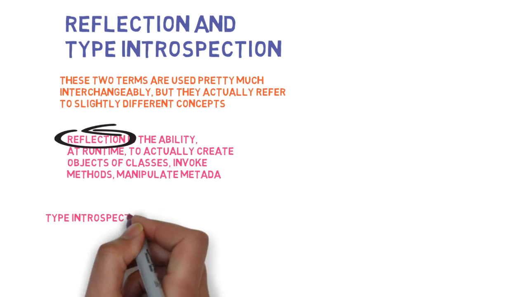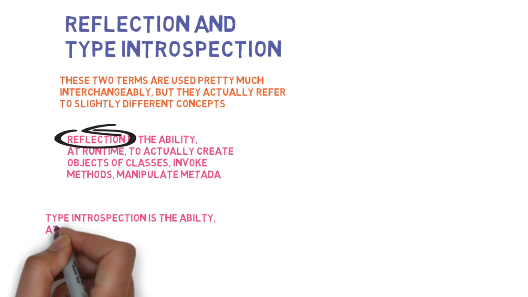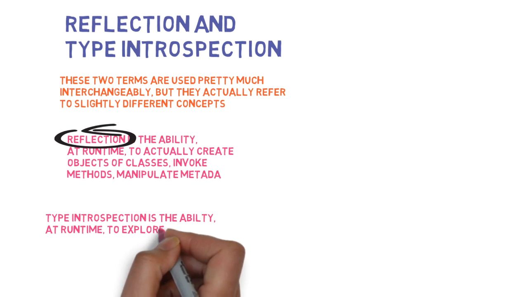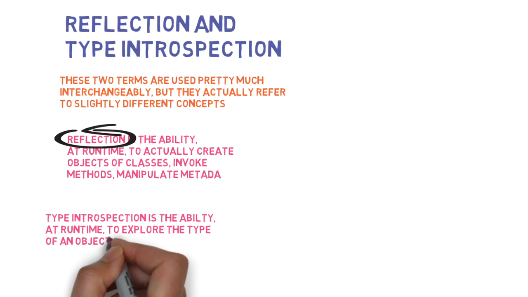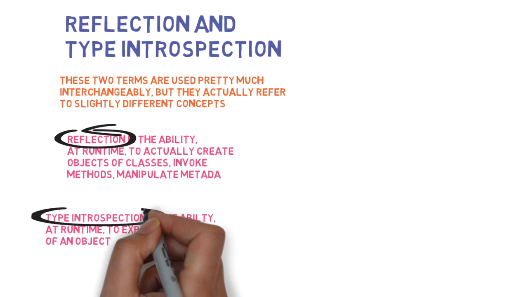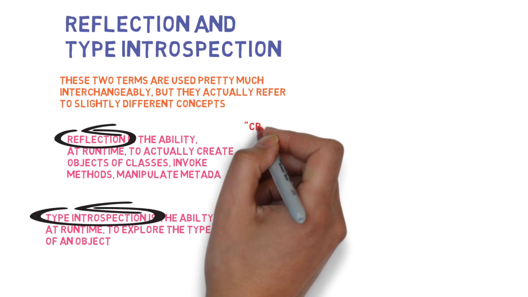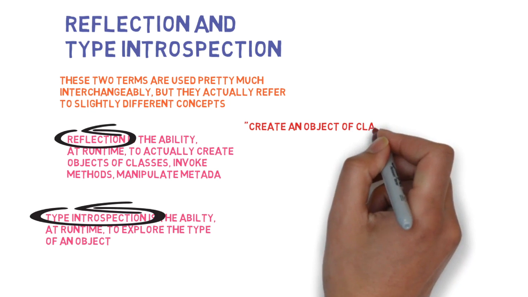Type introspection, on the other hand, is the ability at runtime to explore the type of an object. Say we have an instance of a class available to us at runtime and we don't know what exactly that class is. Type introspection allows us to examine that class and figure out what member variables it has, what methods it makes available to us, and so on.